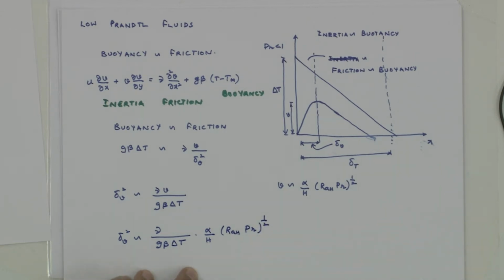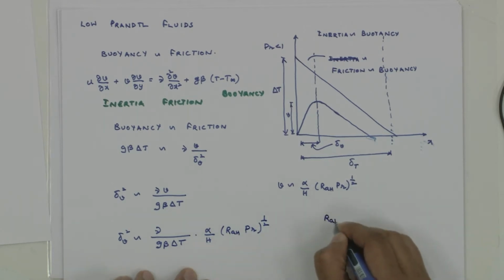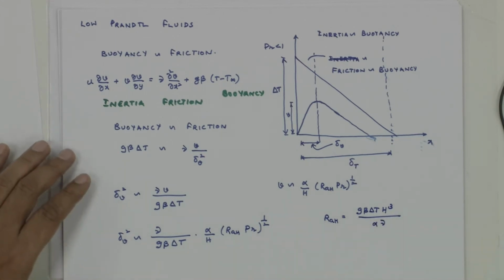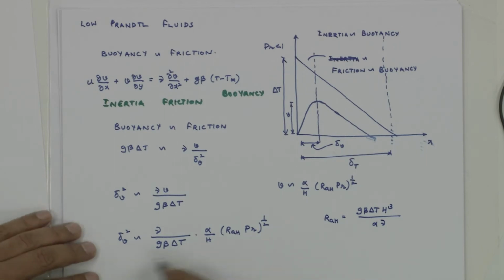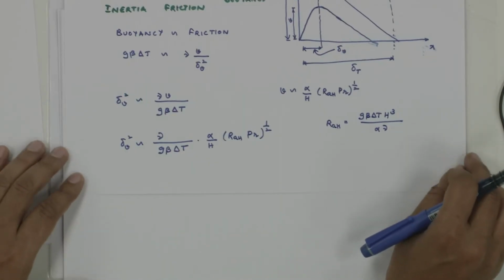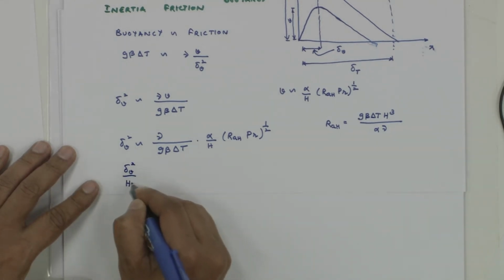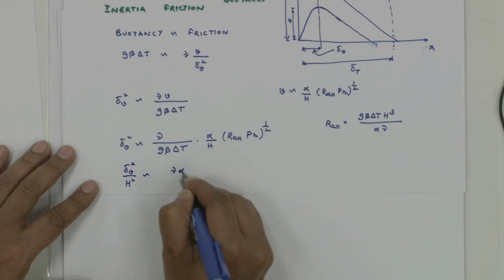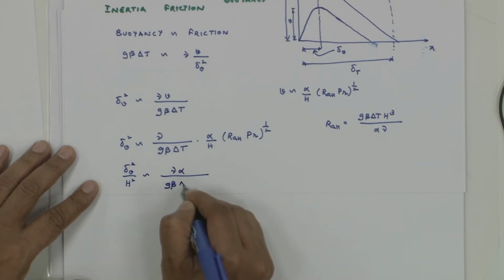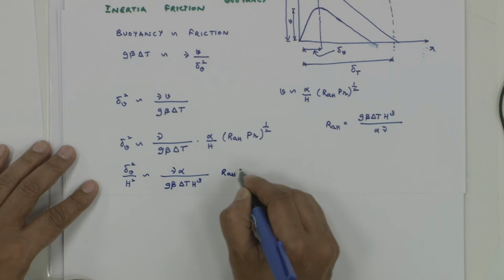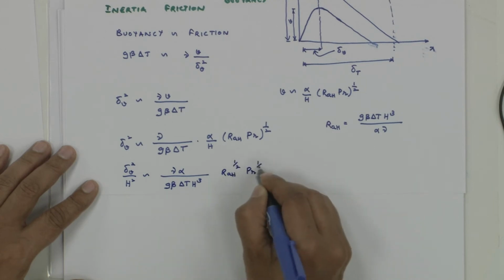Okay, so now what do I do here? You recall Rayleigh number is g beta delta T h cube upon alpha nu. So if you multiply both sides by h squared, delta v squared upon h squared is of the order of nu alpha upon g beta delta T h cube into Rayleigh to the power of half, Prandtl to the power of half.